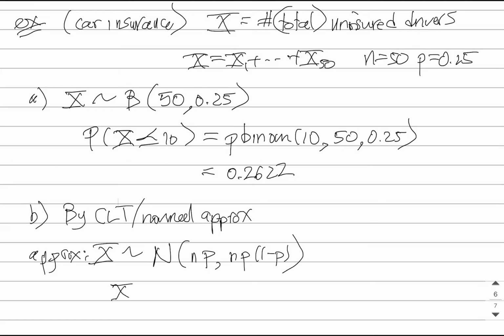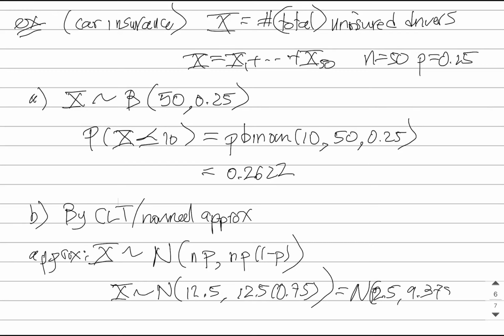In this particular case, that would mean we'd have a normal distribution with 12.5 as our mean, and the variance would be 12.5 times 0.75. We can easily plug in that value, and that's going to end up giving us a normal distribution of 12.5 and 9.375.